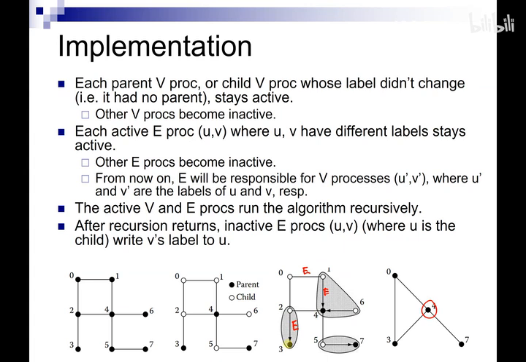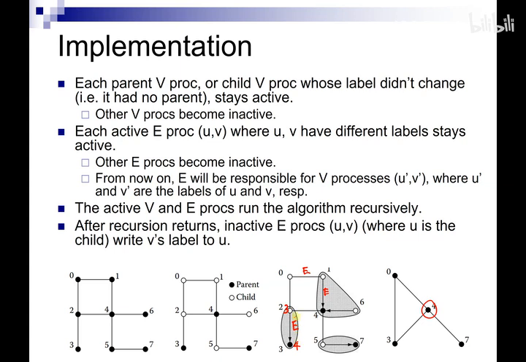then this node 3, its label would have eventually changed to a 4. When this edge process became inactive, this vertex here was still labeled as a 3, but eventually when the recursion finishes, this 3's label might have changed to a 4.